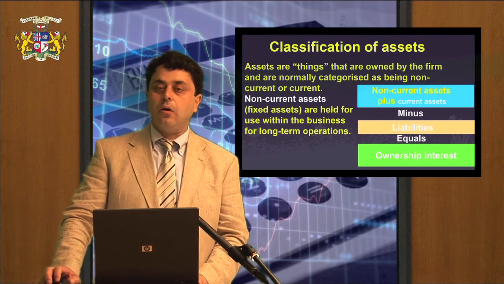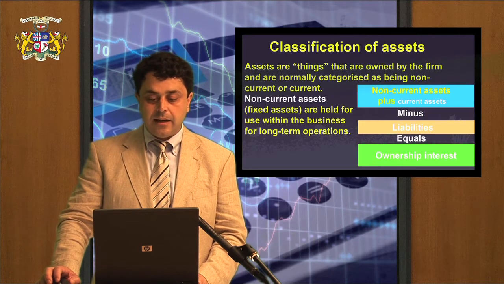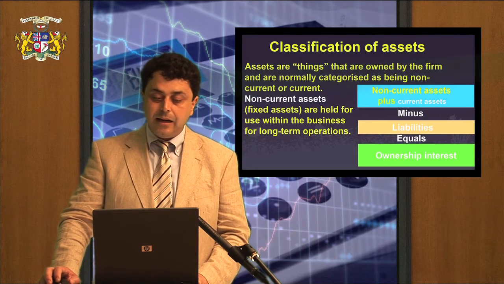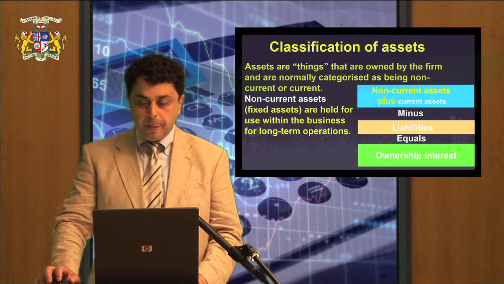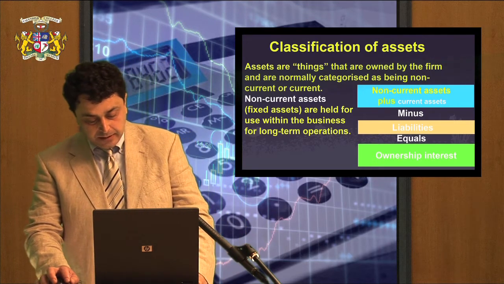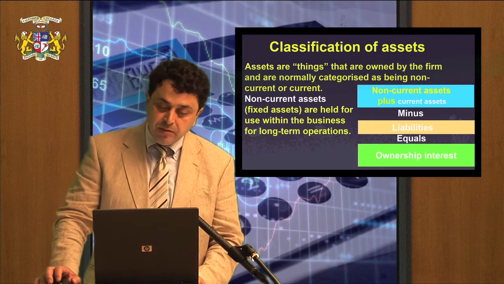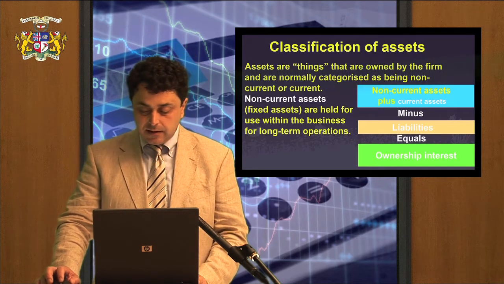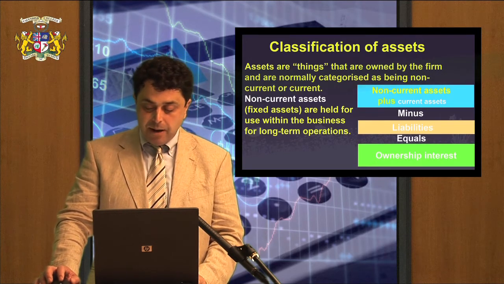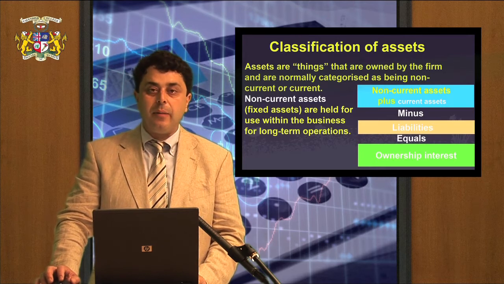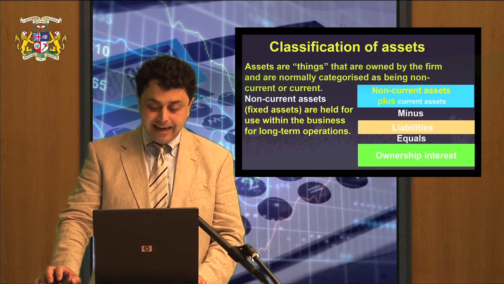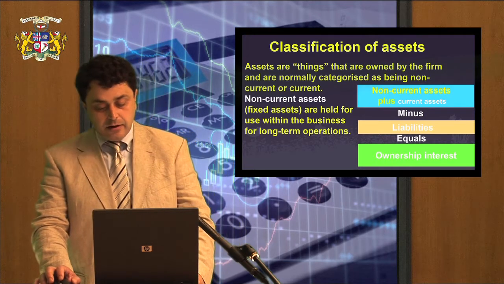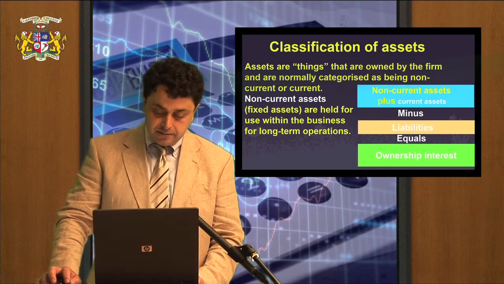Non-current assets, also known as fixed assets, are held for use within the business for long-term operations. So, non-current assets or fixed assets are used as part of the productive capacity of the organization. They are not for sale in the ordinary course of business.